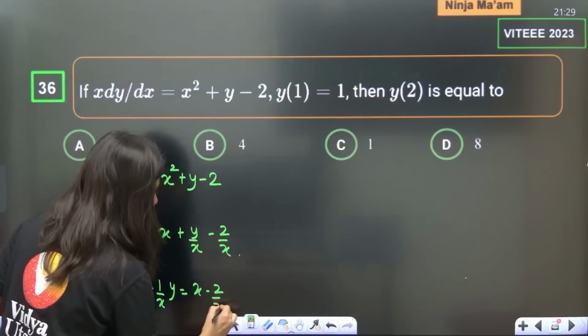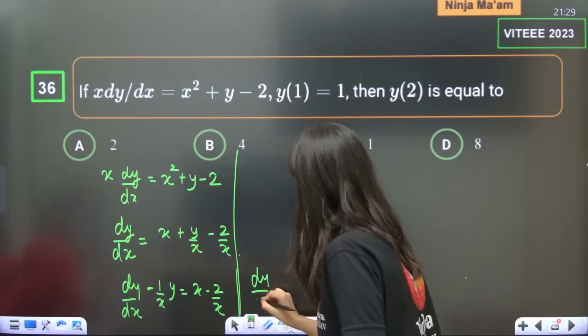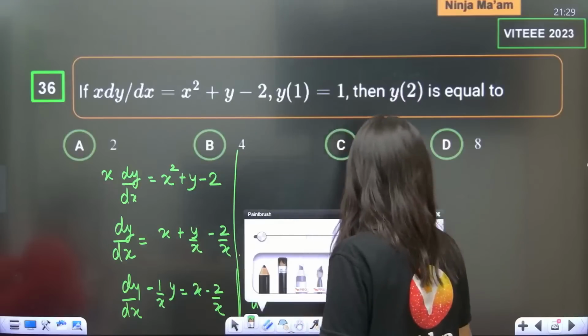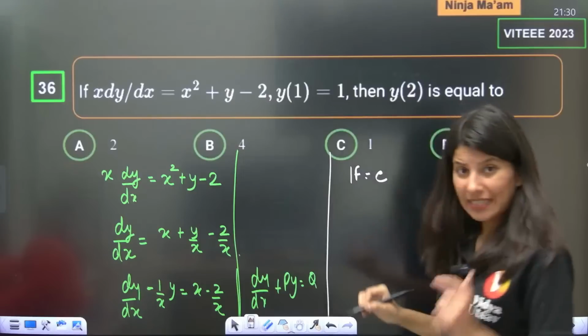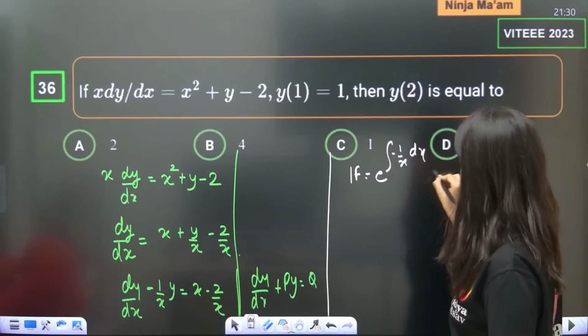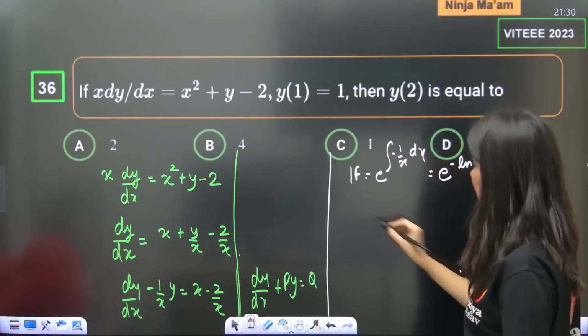Can you now see that it is matching with the standard form? So dy by dx plus py is equals to q. Integrating factor is equals to e power integral of p, minus 1 by x dx. So this is e power minus log x, 1 upon x is the integrating factor.